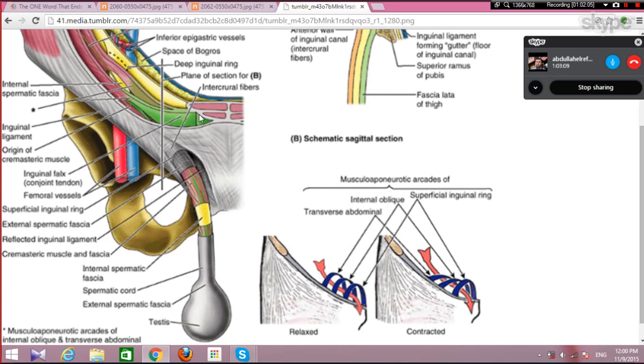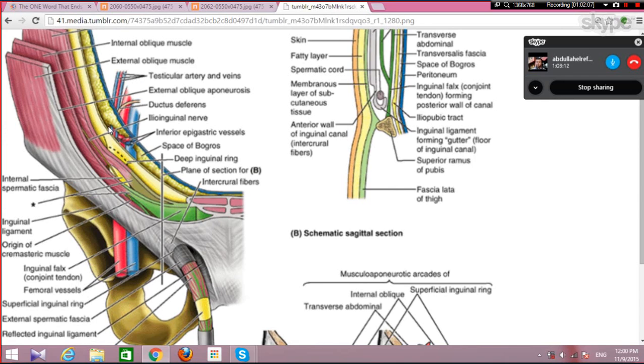The inguinal region is between the anterior superior iliac spine and the pubic tubercle. Somewhere here, this is called the inguinal region. It is an important region because anatomically the structures go and exit from the abdominal cavity to the pelvic cavity. And clinically it's a place for hernia. I will tell you what hernia is. First, look at here.